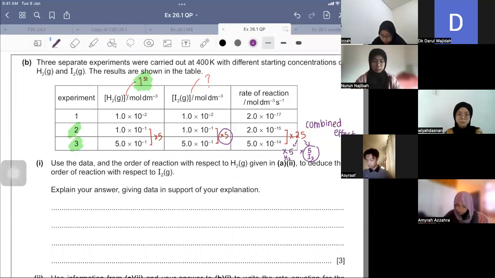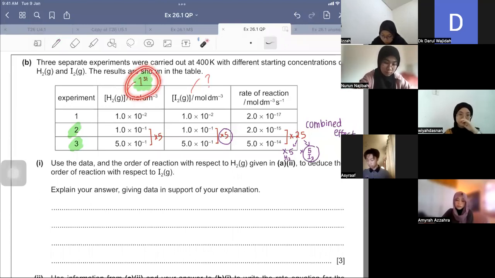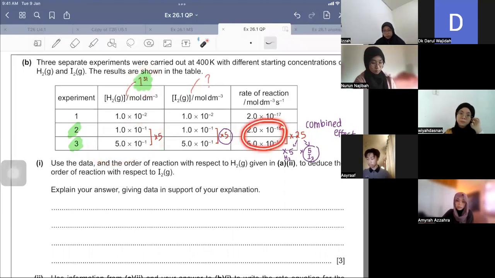You must not ignore the change of hydrogen. Just because you already know hydrogen is first order, you cannot say, I'm going to ignore hydrogen now because I already know what it is. Don't forget, this change in rate is affected by the change in hydrogen and the change in iodine. I hope by now you are already okay with the combined effect.